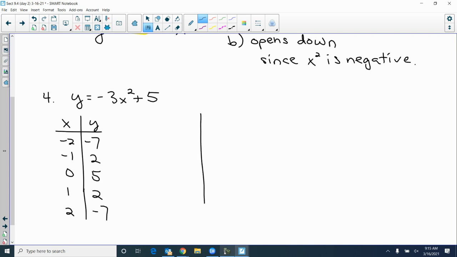Now this one, you do need to draw this out, and make it somewhat neat.